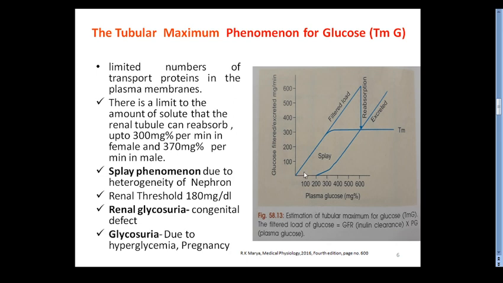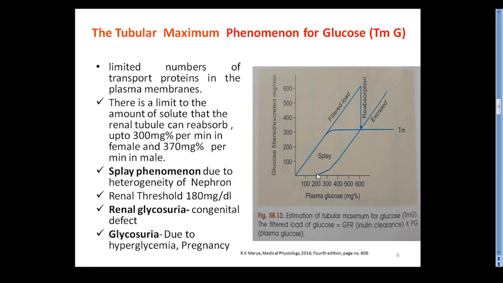Here you can see that as the plasma glucose concentration increases, when it goes from 100 up to 200, there is a linear relation. As the plasma glucose concentration increases, the concentration of glucose in the filtrate also goes up. There is a linear relation up to this marking, where it is reabsorbed and not excreted into the urine.